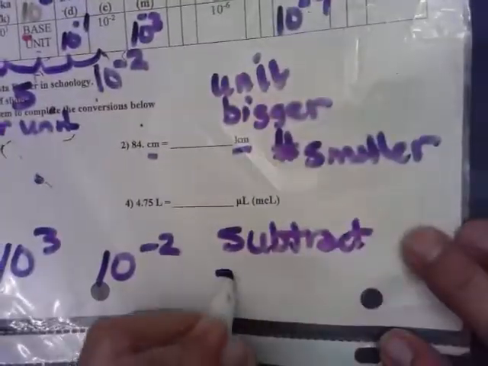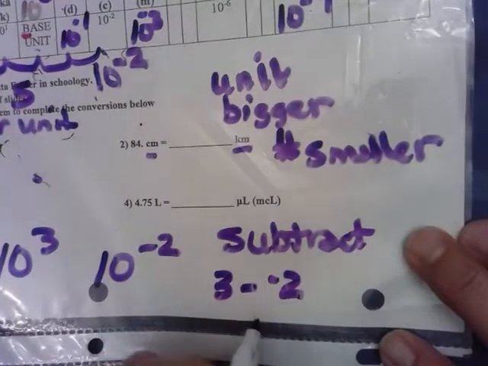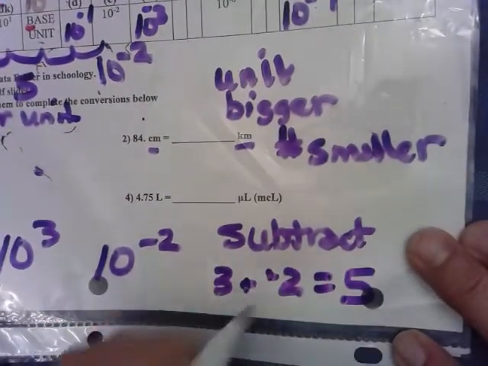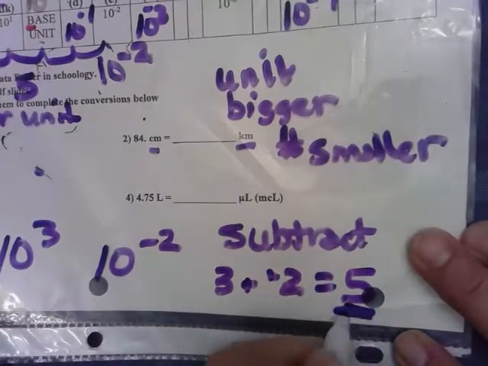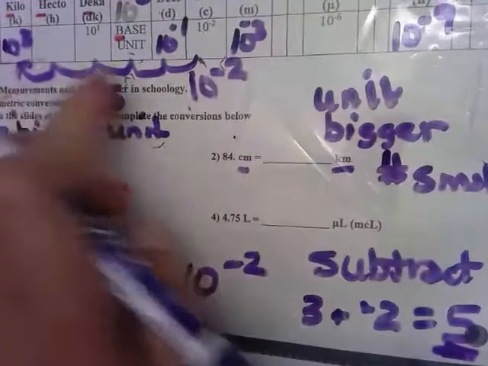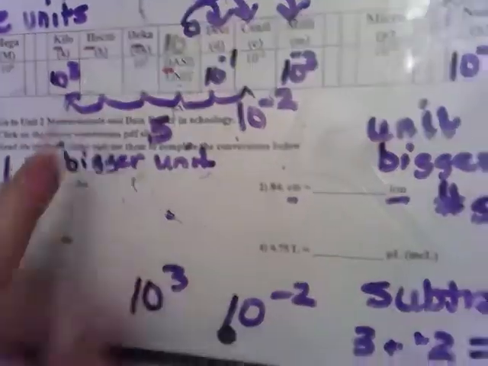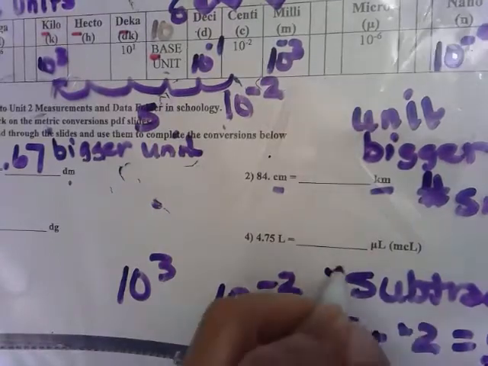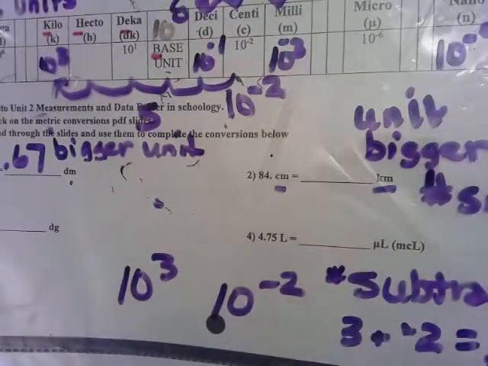You could take 3 minus 2, and that equals 5 because you change the signs and it becomes 5. So there's 5 places apart. And so you can do the number line and count 5 places, or you could subtract the exponents, okay?